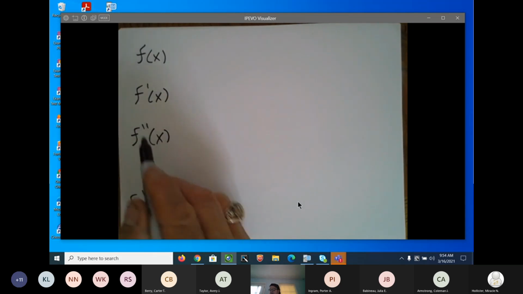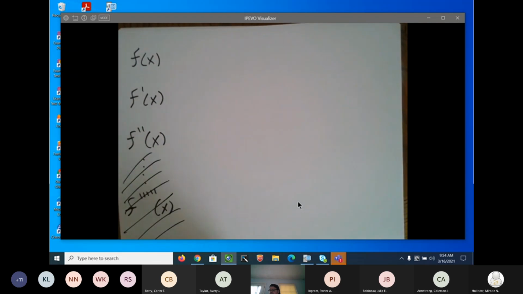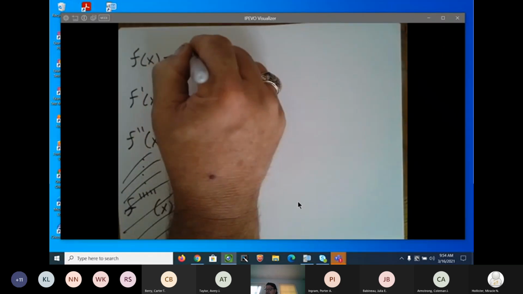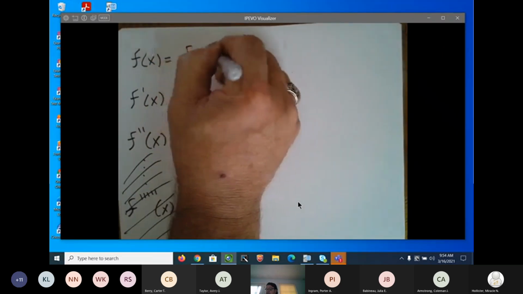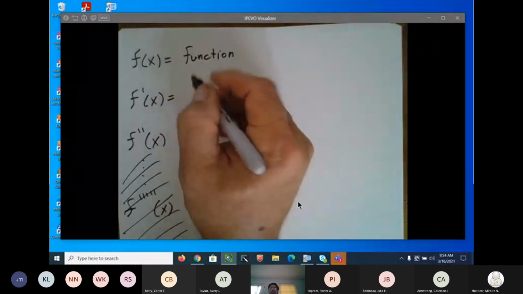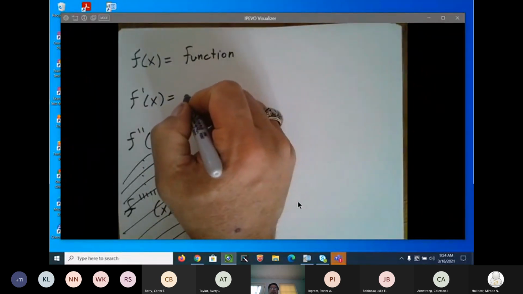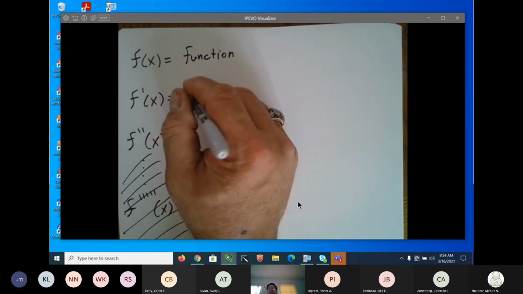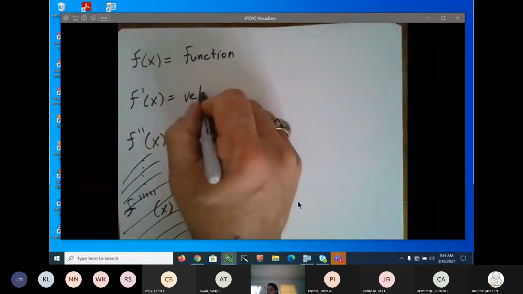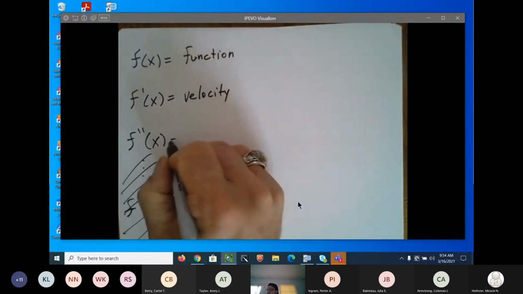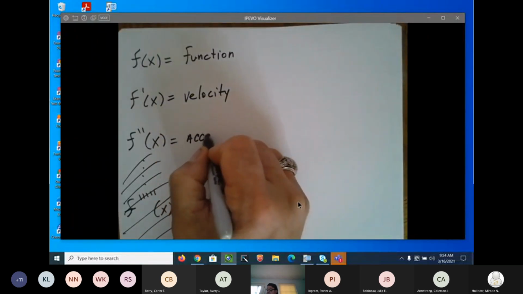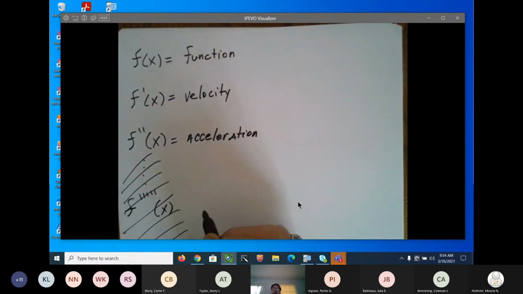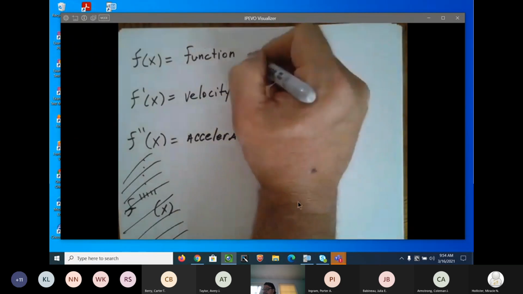Now, I really don't care about these because these you really don't need, okay? But this is the actual function. The first derivative is the velocity, and the second is the acceleration. Or in some cases, this is the function.